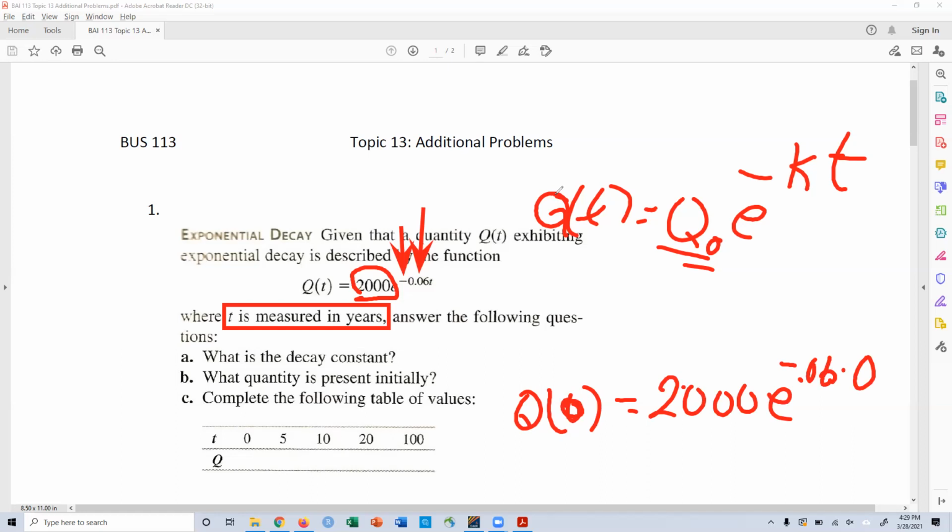Well, that's just going to equal, anything to the 0 is 1.